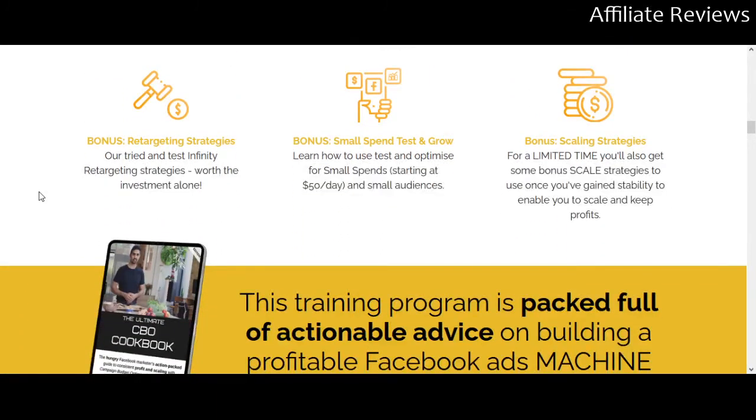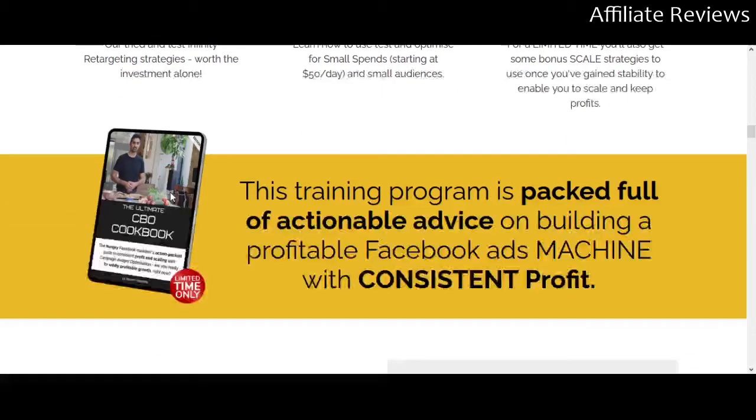If you're spending $300 and making money, and you spend $800 and you make more money, and you spend $1,100 and proportionately it's not quite as good, then you're going to scale back and find the optimal point, and that's part of what you're going to figure out with the Ultimate CBO Cookbook.